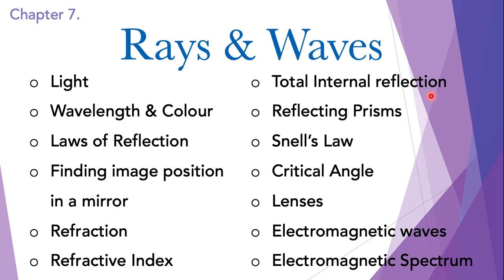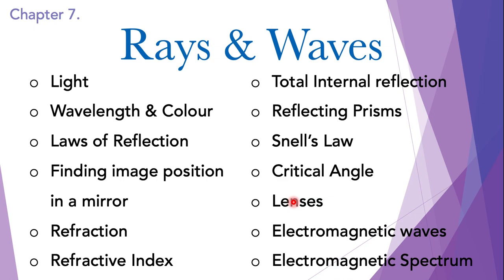We learned total internal reflection, reflecting prisms, we also understood prisms, the dispersion of light, and Snell's law, sine I divided by sine R is equal to n. We understood the critical angle and total internal reflection, and after this we understood lenses, the two different types of lenses, the convex lenses and concave lenses, and the images produced by these lenses, real images and virtual images, and so much more.